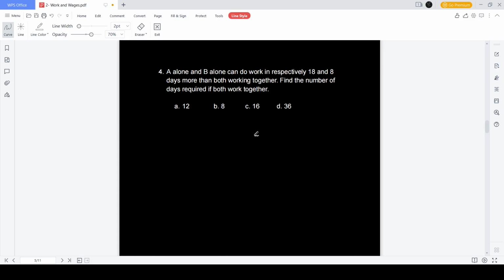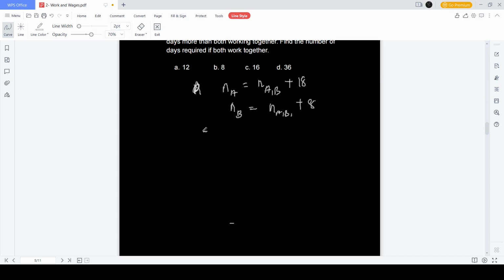So what the question is saying is the number of days A takes is equal to the number of days A and B both take plus 18, and the number of days B takes is the number of days A and B take, because the number of days A and B take will be the lesser quantity, right? Plus 8. Okay, find the number of days they both take if they work together. This is a simple question.